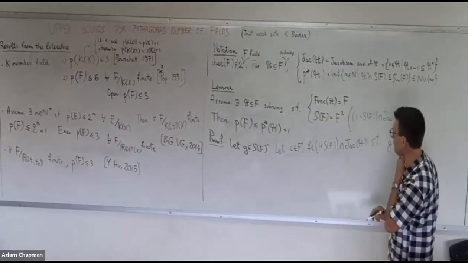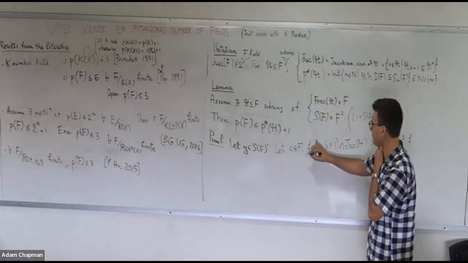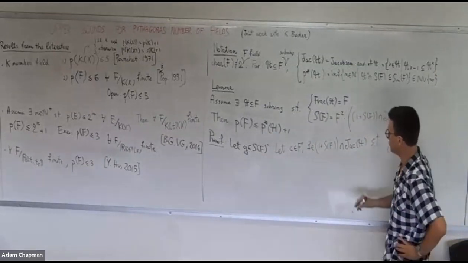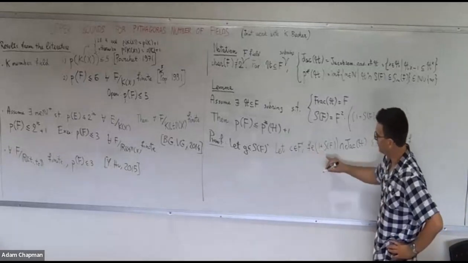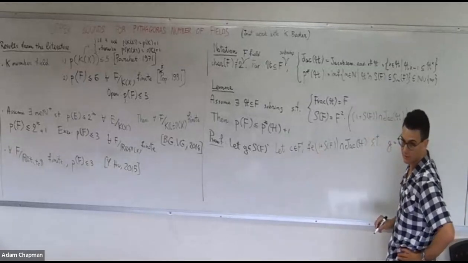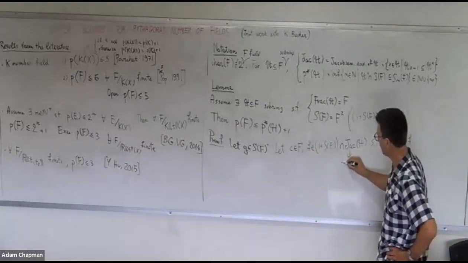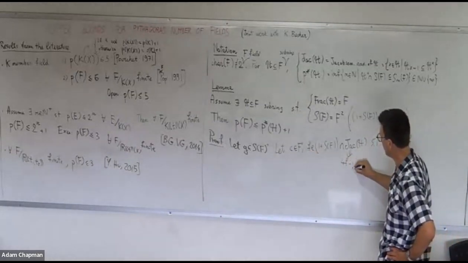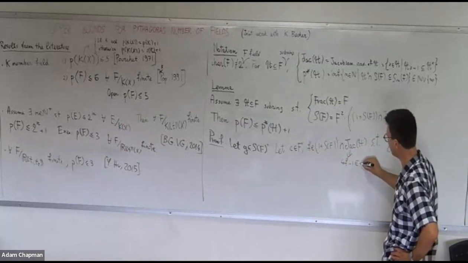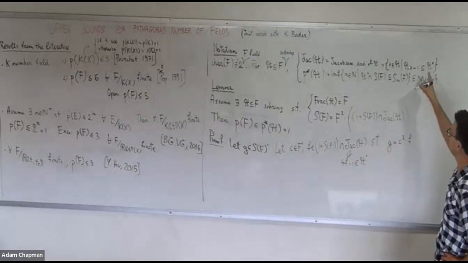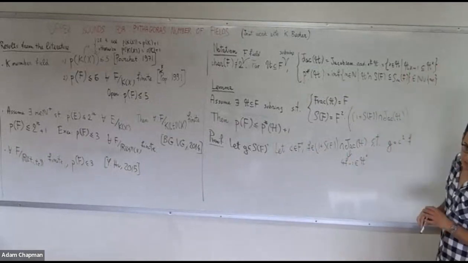What we use of this condition is the following. The fact that F is in the Jacobson radical will be used to obtain that 4F minus 1 is a unit. So that's why I give this characterization.